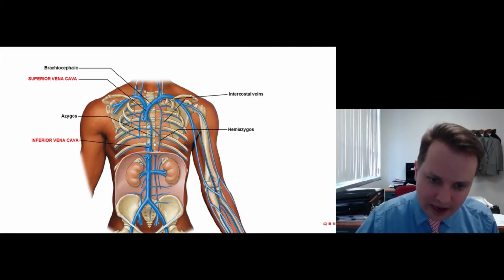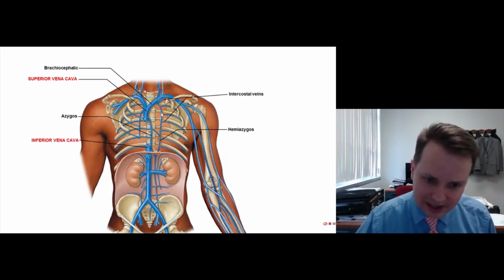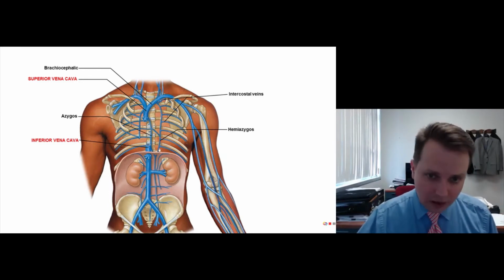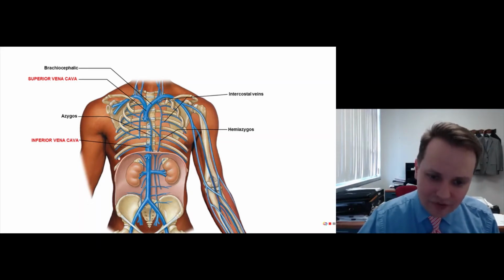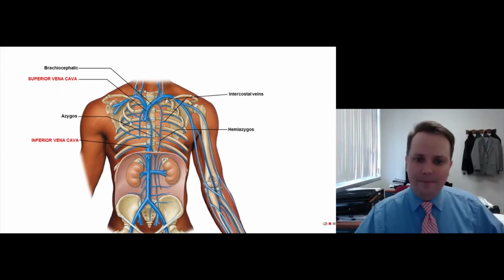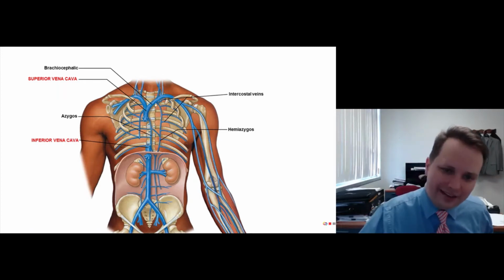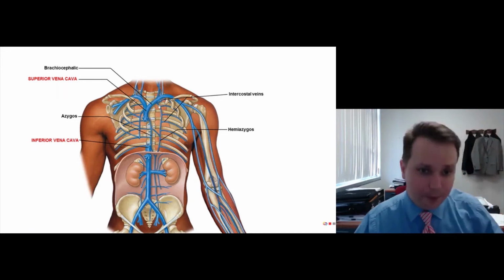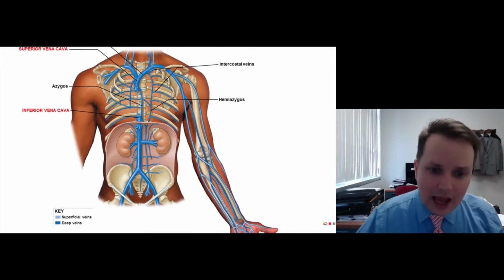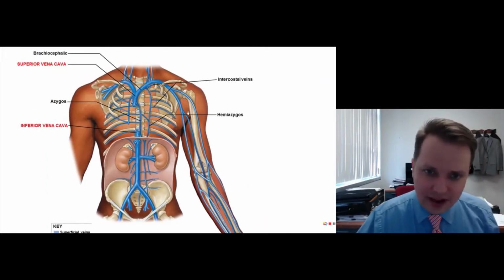Now the azygous and hemiazygous receive veins from the ribs called the intercostal veins. Your brachiocephalics are formed when we take all of these veins and basically unite them together. And so these are some things we want to see on that.